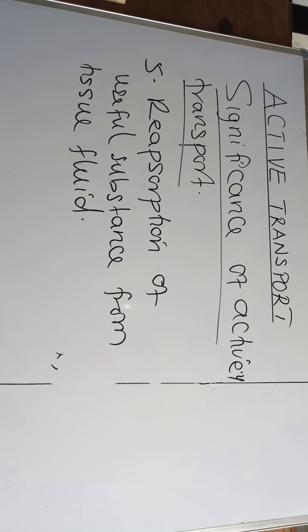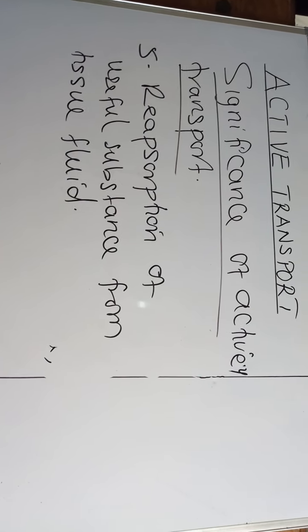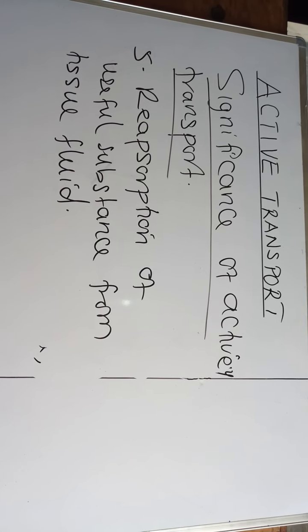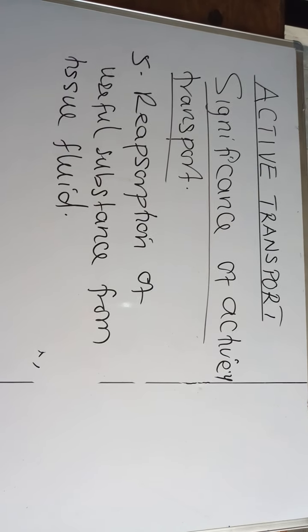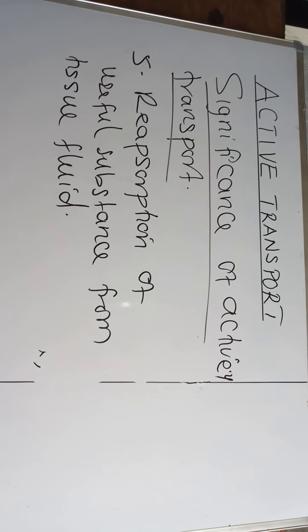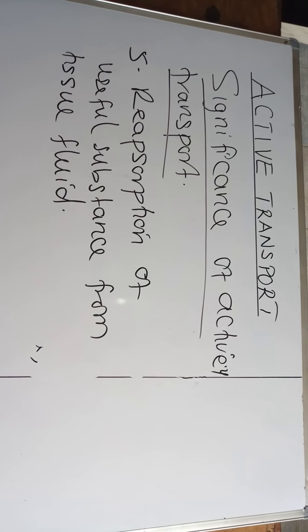Once ultrafiltration has taken place within capillaries, tissue fluid is formed. Tissue fluid contains mineral ions, glucose, and small-sized amino acids. These substances will be reabsorbed from the tissue fluid back into the body cells. When they enter into the body cells, they are used in various roles.